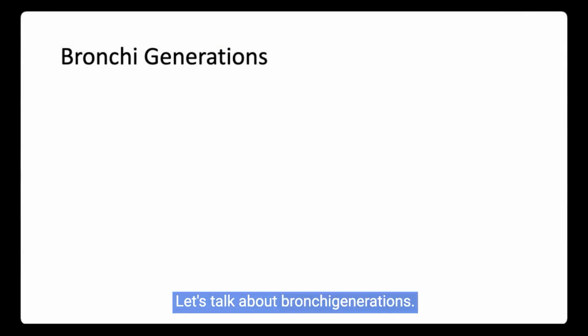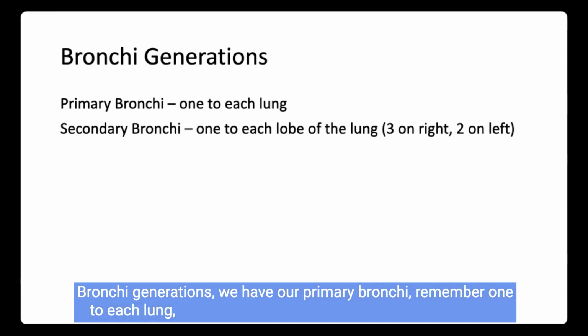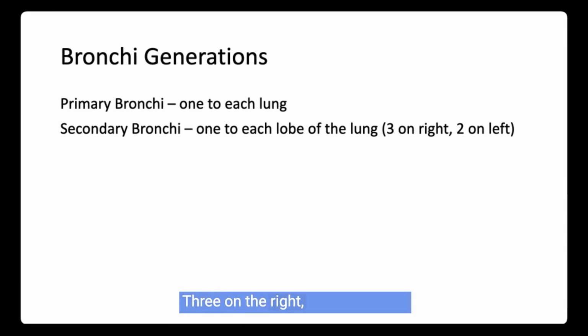Let's talk about bronchi generations. We have our primary bronchi. Remember, one to each lung. Secondary bronchi, one to each lobe of the lung. Three on the right, two on the left.